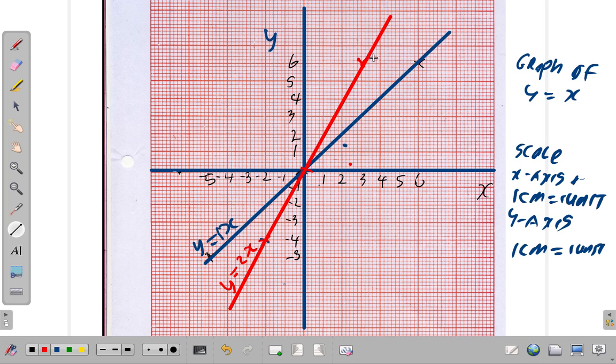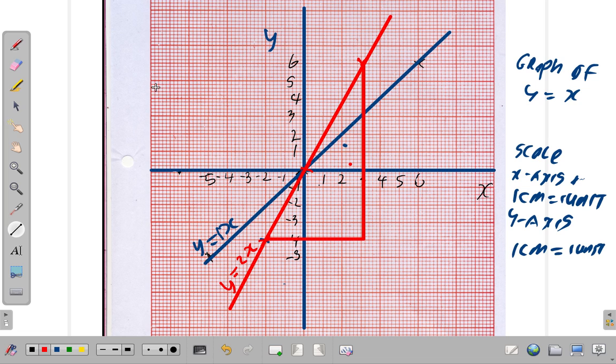The line for y equals 2x has 2 points on the line. I want to form a triangle using 2 points on the line. We have here as one side and here as the other side.